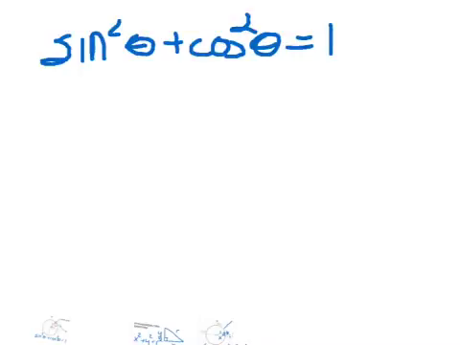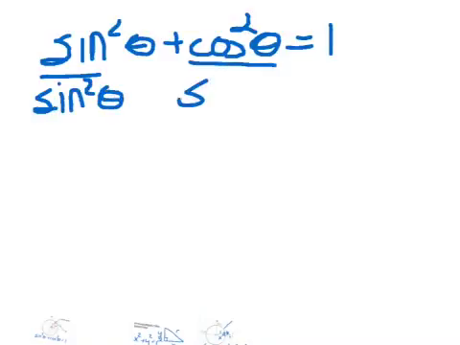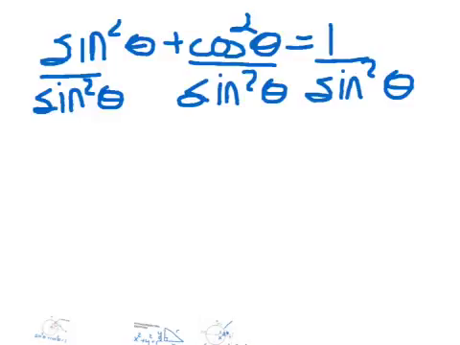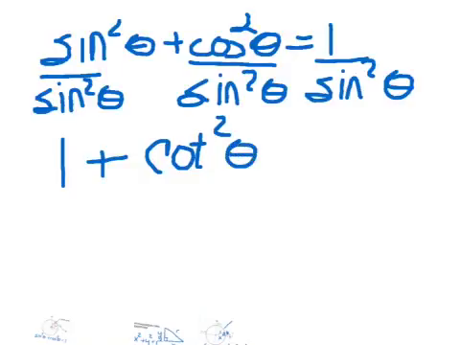If we take that identity and divide everything by sine squared, we have a new equation which becomes 1 plus, and then cosine squared divided by sine squared is cotangent squared theta, equals cosecant squared theta.